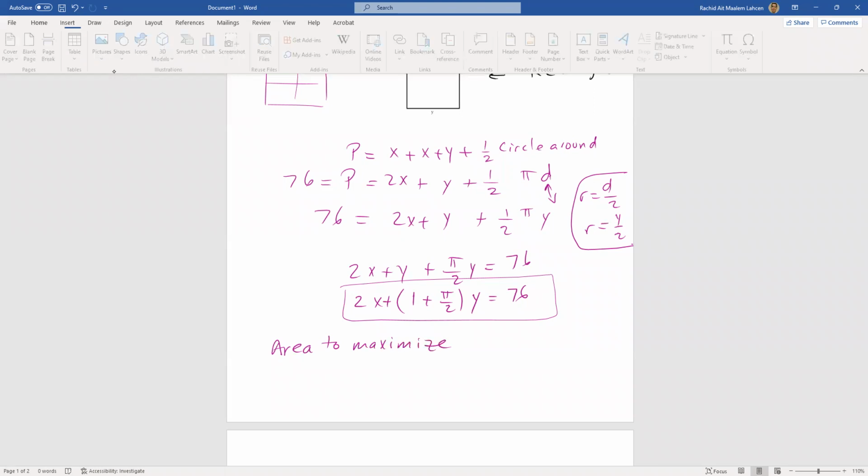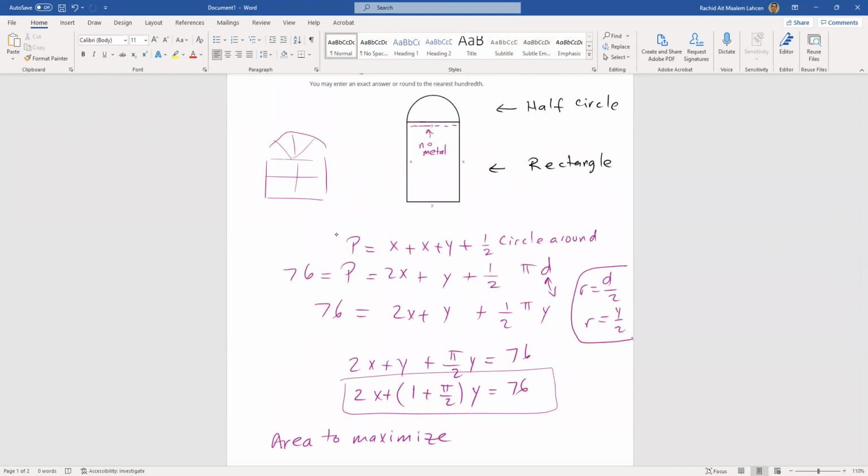And that area, for this lower part, is x times y. Let's call it area 1. And area 2 is going to be half of a circle, which is pi r squared. And r is going to be stated as half of the diameter, which is the y in this case.